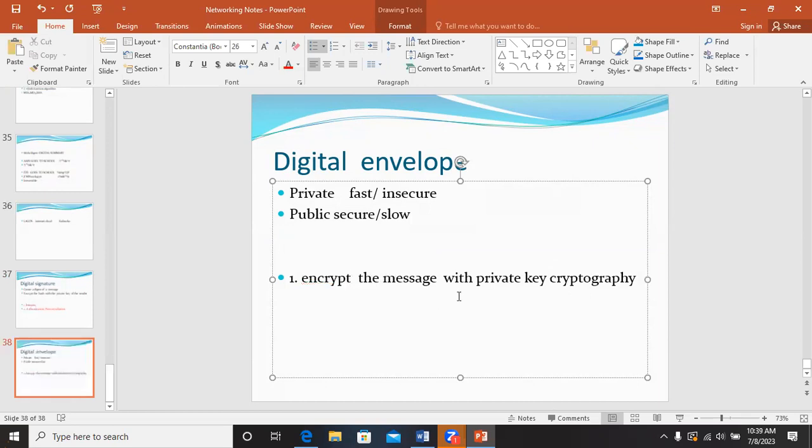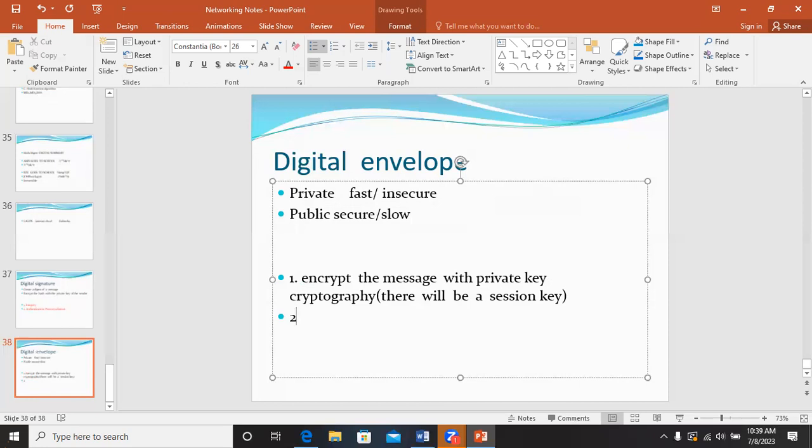The bulk message you want to encrypt, use private key, no problem. Which means you are going to use a session key. So there will be a session key. The session key is the key that you use to encrypt, which you will send. The problem before is how do I get that session key to you? That's the real problem before.